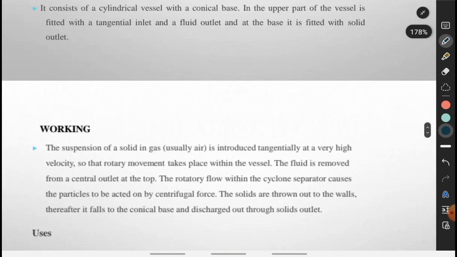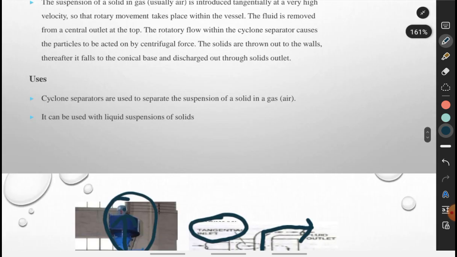Coming to the working, the suspension is introduced tangentially at fairly high velocity. The material is introduced with high velocity so that rotatory movement takes place within the vessel, and tiny particles are removed from the central outlet at the top.